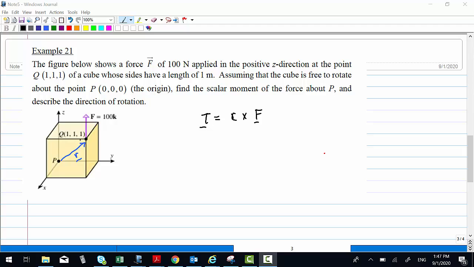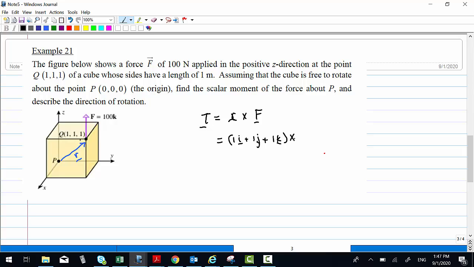Okay, let's do the calculation. The torque, which is r cross F, where r is a vector from P to Q, which is 1i plus 1j plus 1k.